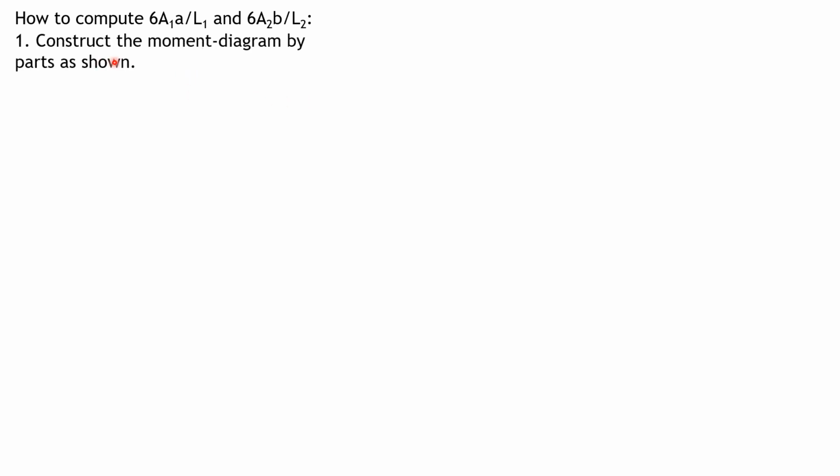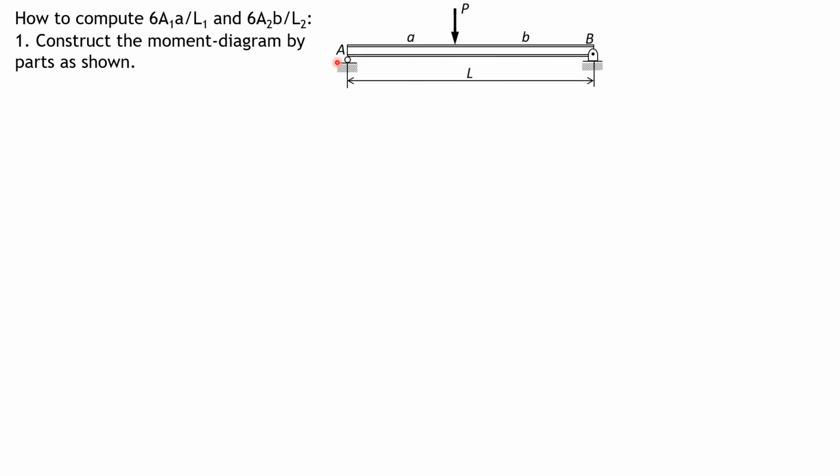So these are the steps: construct the moment diagram by parts as shown. For instance, we have this simply supported beam, because even if it is not a simply supported beam, you have to treat it as simply supported. Then the moment of the load P about B is Pb. So the moment of the reaction at A about B is also Pb.